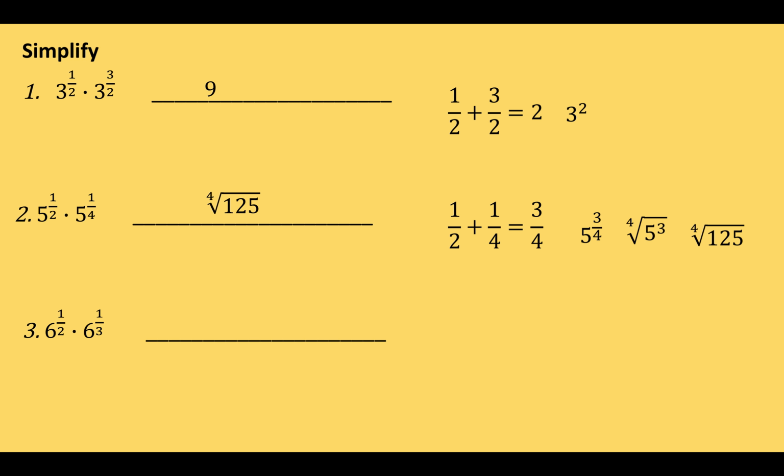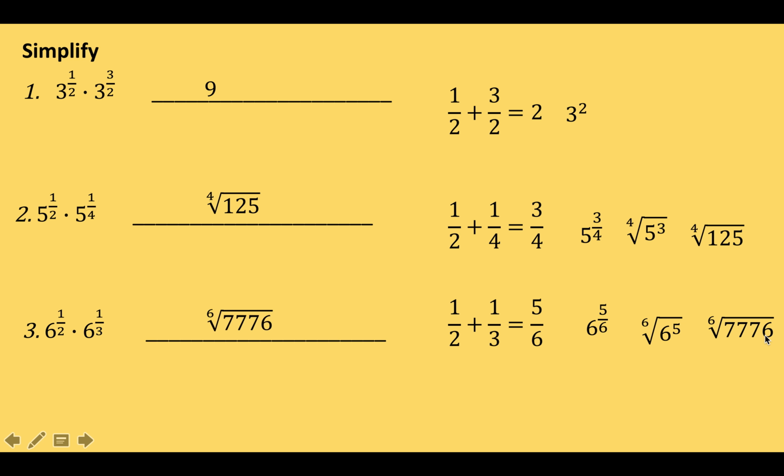For number 3, again, we're adding. Once we get here, we're going to put it in radical form. So our denominator comes outside, our 5 stays inside to our power. And we simplify 6 to the 5th by having 7,776. And then there's our answer.